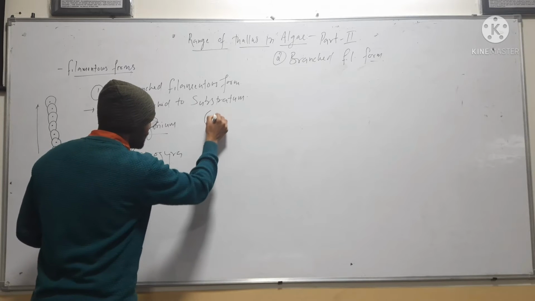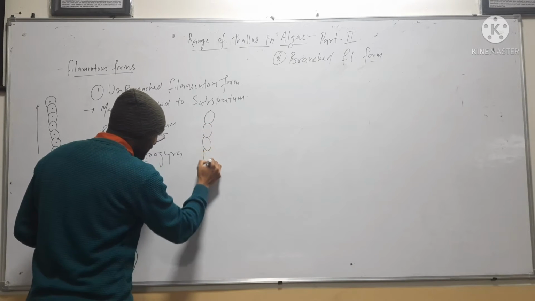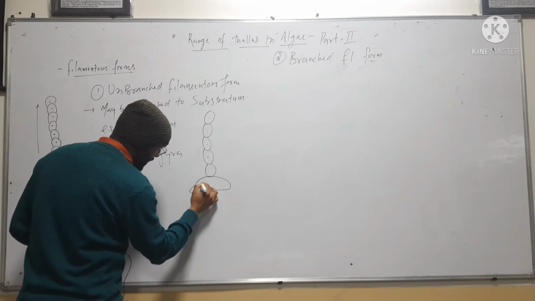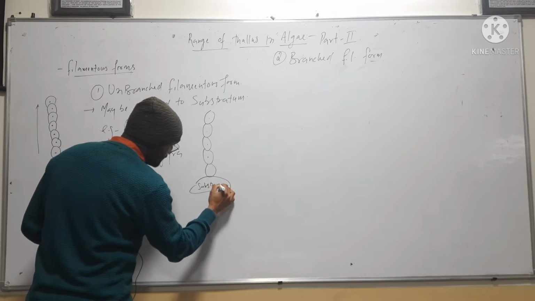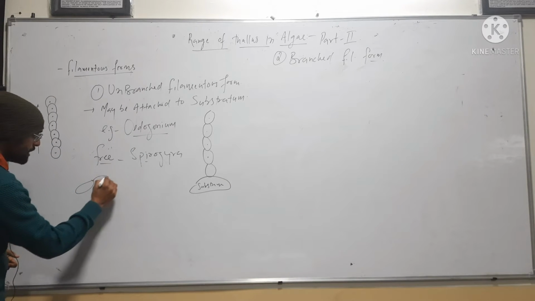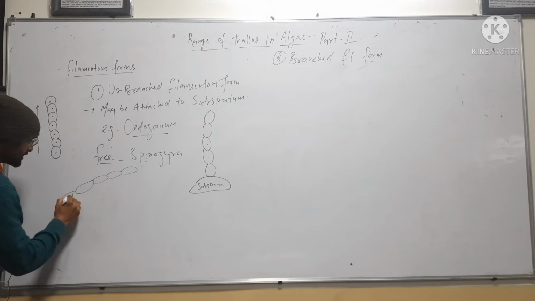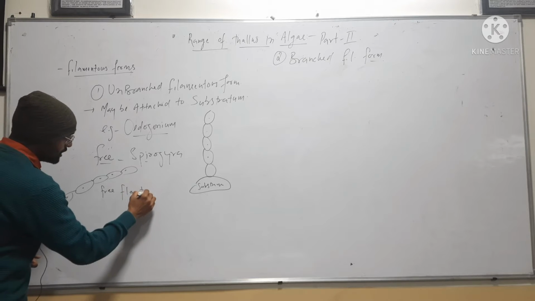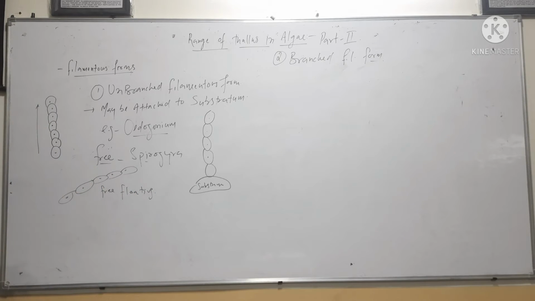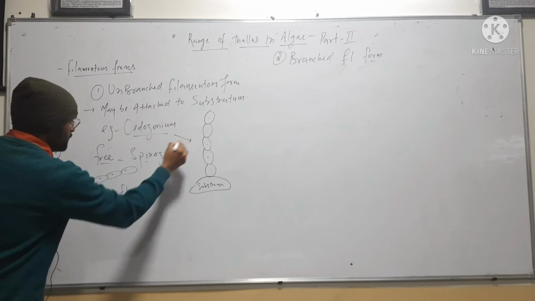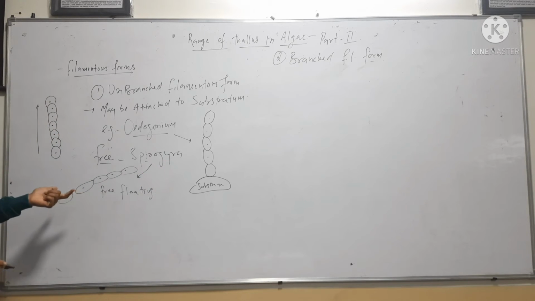They may be attached to any substratum like this, because Oedogonium is attached to substratum, or it may be free floating over the surface of water, like Spirogyra. So unbranched filament may be attached to substratum like Oedogonium or may be free floating like Spirogyra.